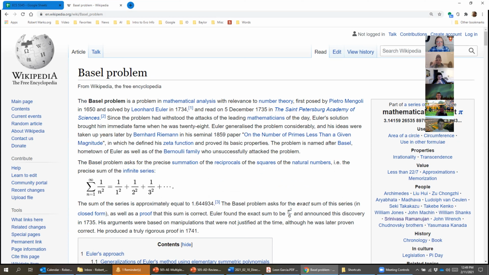I always like to look at historical perspectives. And Euler was possibly the greatest mathematician that ever lived. He was just astonishing in the things he did. Let me show you here, for example.